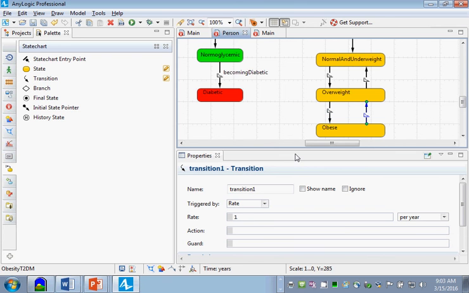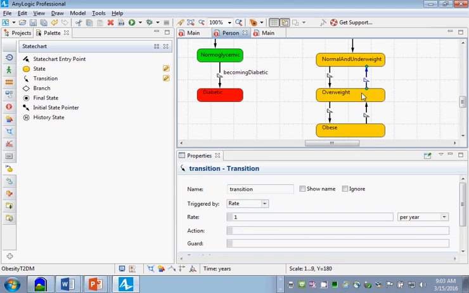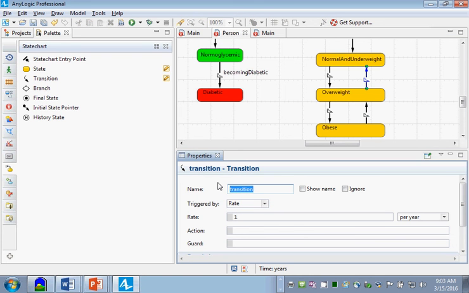I'm going to have this transition from obese to overweight called losing obesity, and the rate here is going to be 0.01 per year. And for this transition from overweight to normal and underweight, I'm going to have it losing overweight, and this is going to be a rate of 0.05.